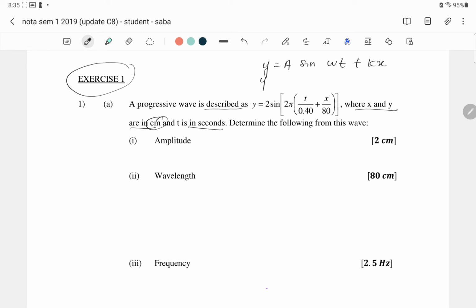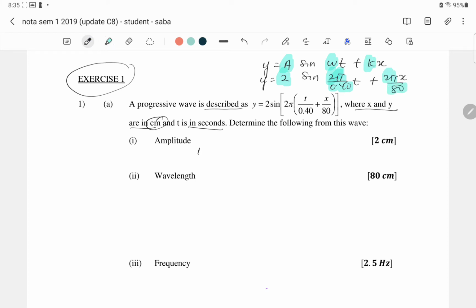So kat sini kita ada y equal to 2 sin, omega is 2 pi over 0.4 t plus dengan 2 pi x over 80. So here you can have your amplitude is 2 cm, your omega is 2 pi over 0.4, your k is 2 pi over 80.